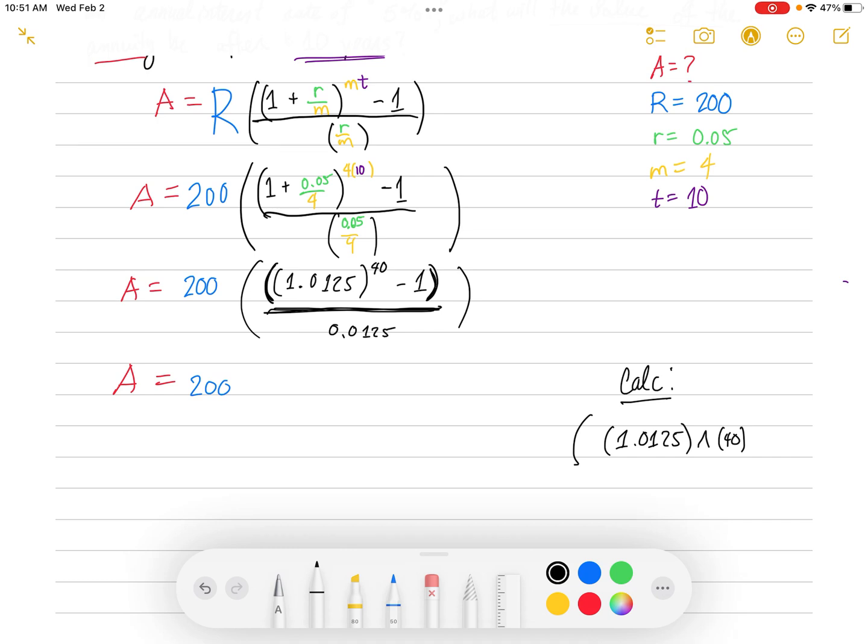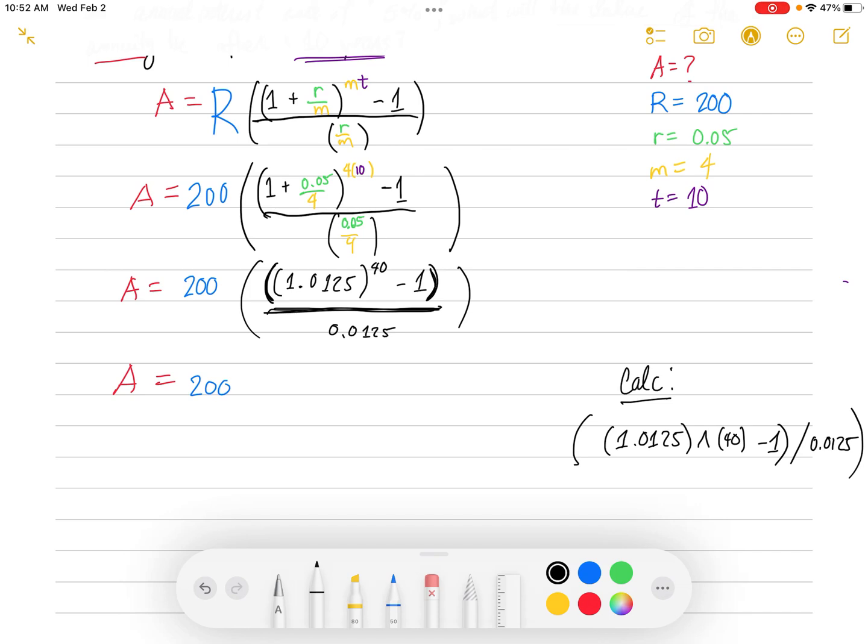Some calculators might require you to put parentheses around the 40, then minus 1, and then close the parenthesis after minus 1, and then the fraction division bar, and then 0.0125.